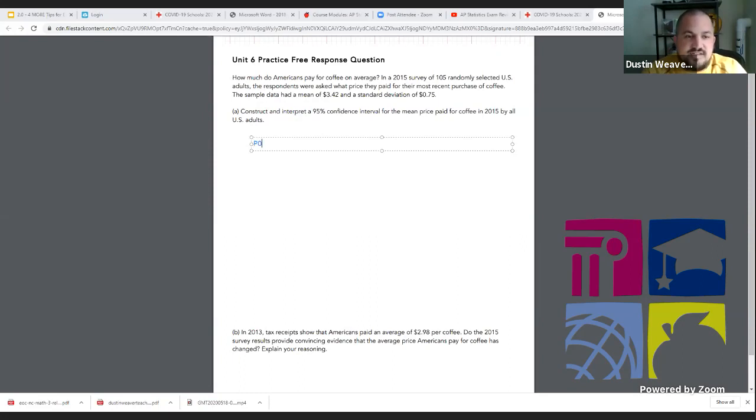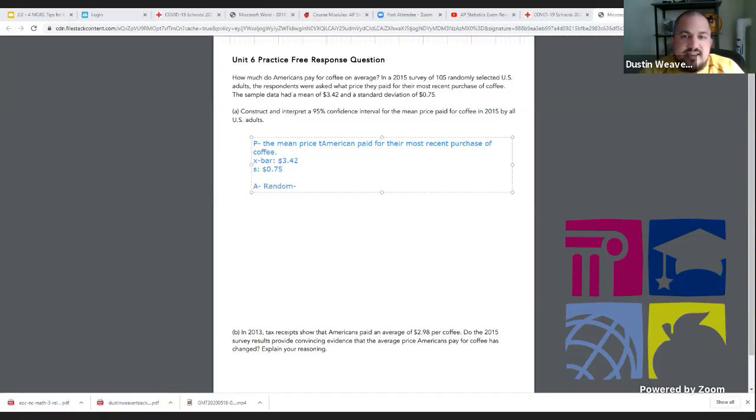So the parameter of interest is the mean price Americans paid for their most recent purchase of coffee. Okay, and we have an x bar of $3.42, and we have an s of $0.75.